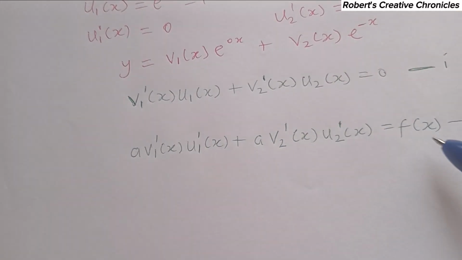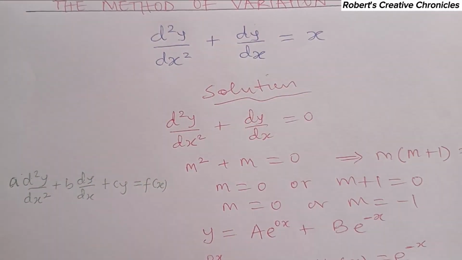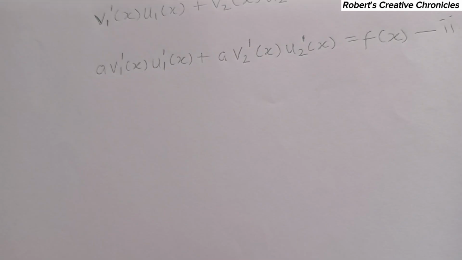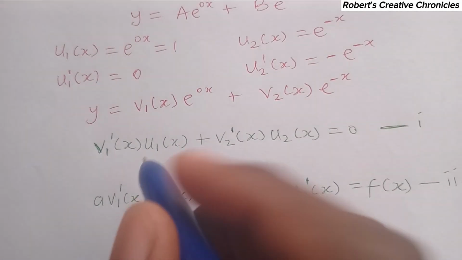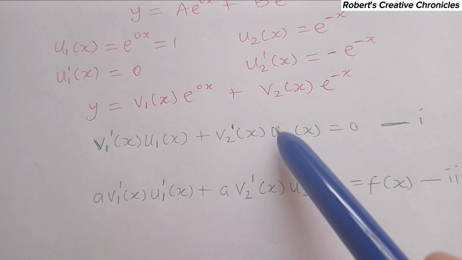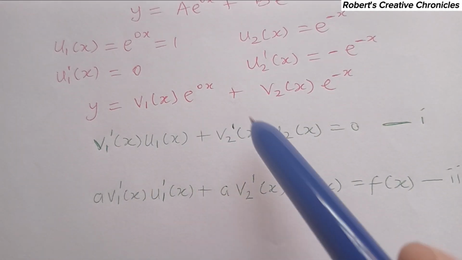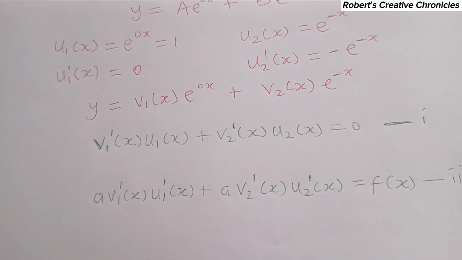So you get this f of x and a by comparing this equation with this. So now we'll substitute this. Let me write it here. In these two equations, our objective is to solve for v1 prime and v2 prime. Then after we get v1 prime and v2 prime, we can integrate them to get v1 and v2.